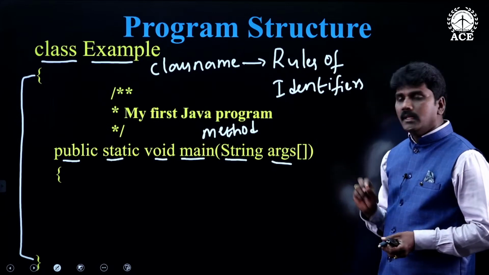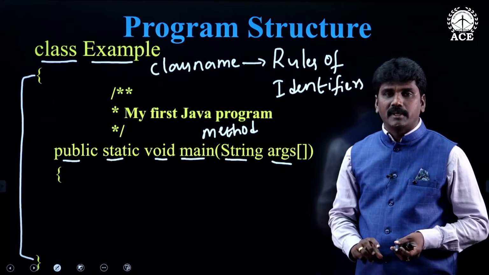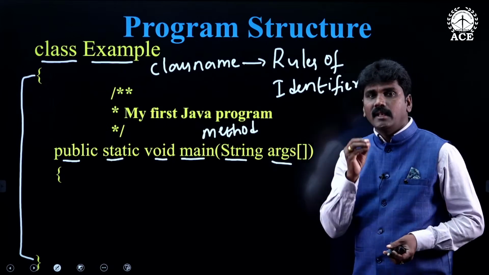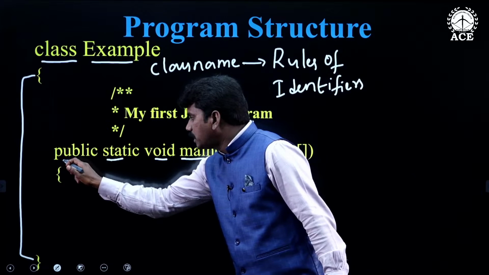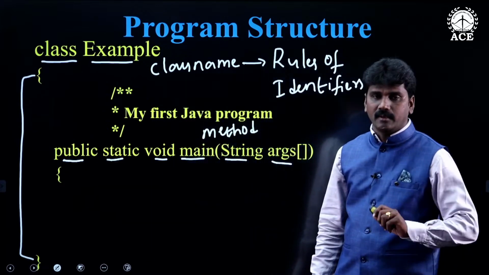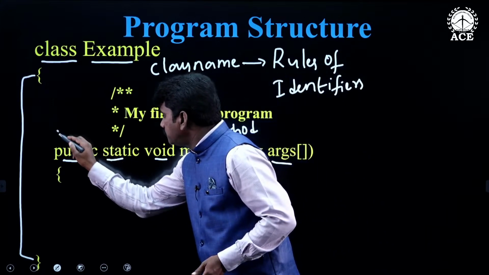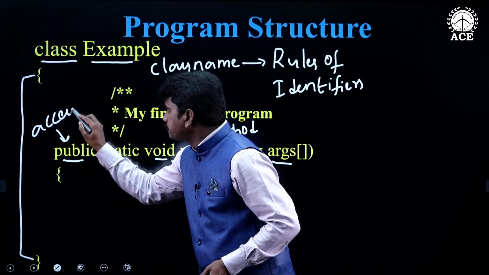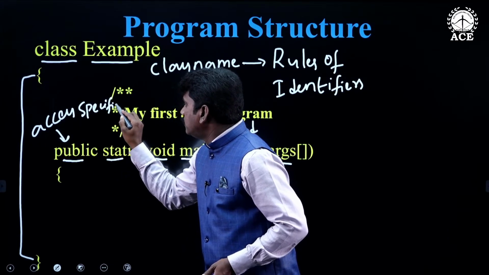So how does the Java execution start from the main method? How is it going to be checked? For that purpose, let us understand clearly. Here I have used the access specifier public. Public is the access specifier that decides who can access this code.